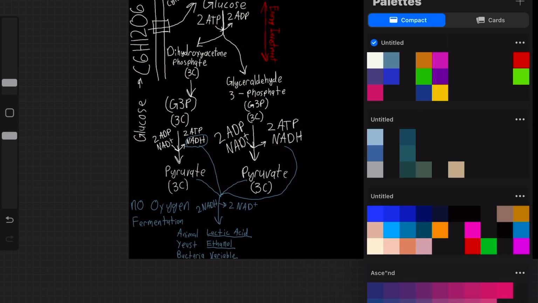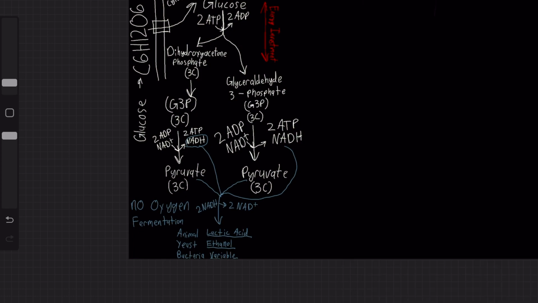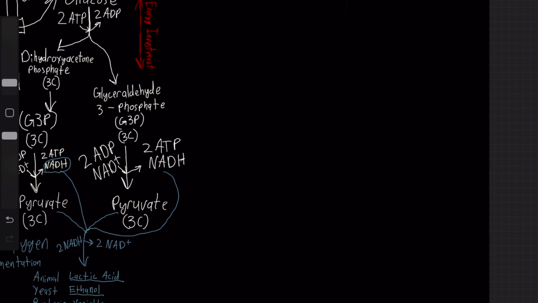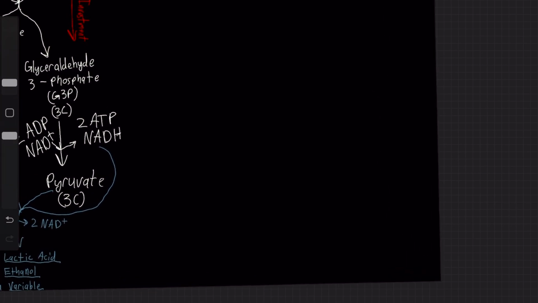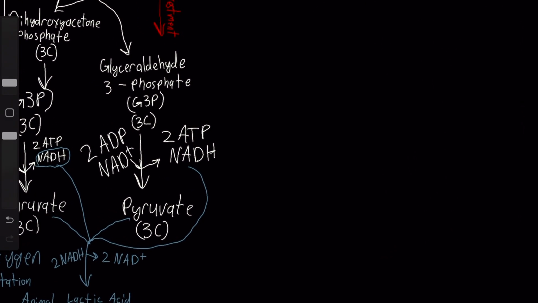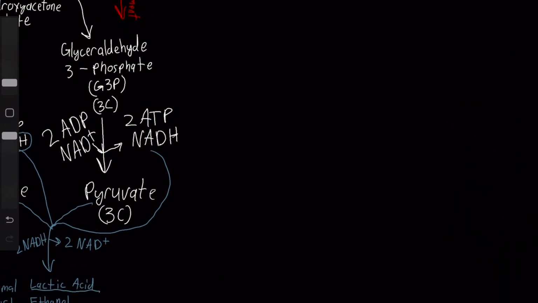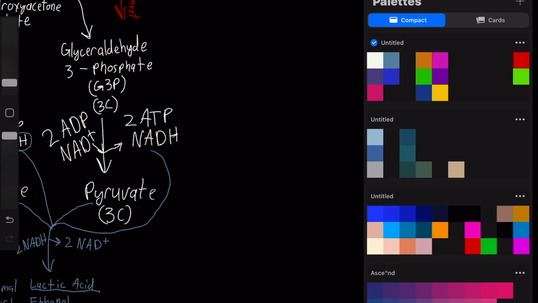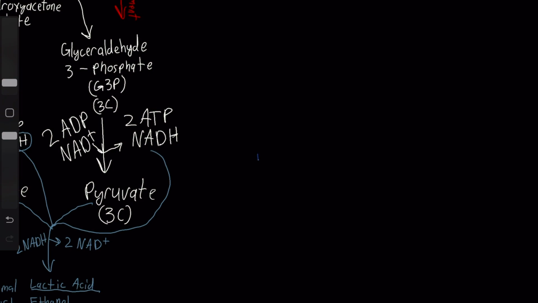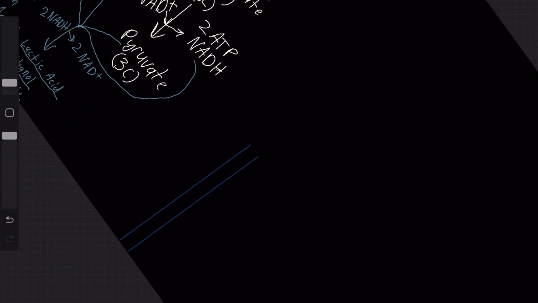So now, we will go over pyruvate oxidation. Pyruvate oxidation takes place in the matrix of the mitochondria. I'm going to write down all the words for it. That is your outer membrane.